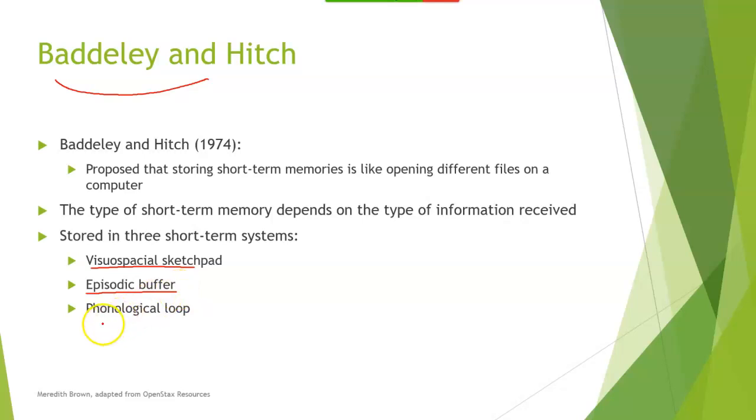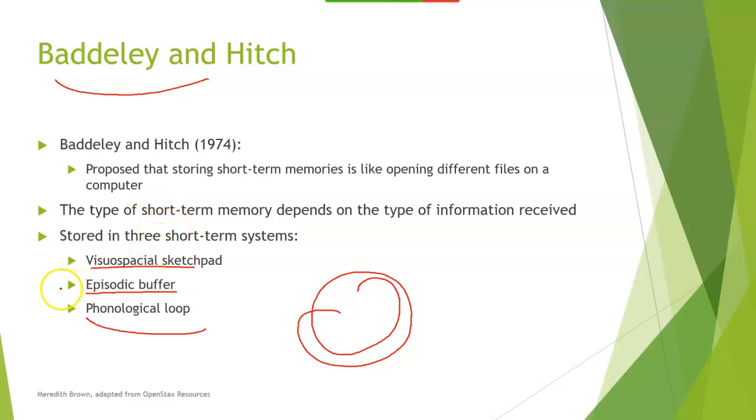And then the phonological loop, the sound that goes with it. So basically you have your semantic, visual, and hearing. The episodic buffer is personal to you, but it would still be semantic because it's the episode, how it's involved, and then audible.